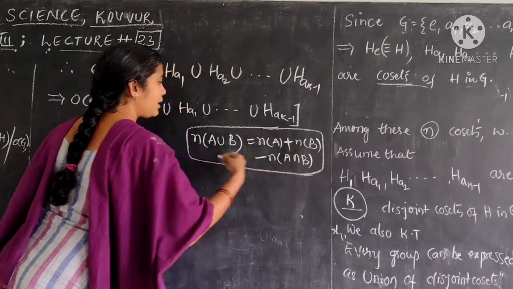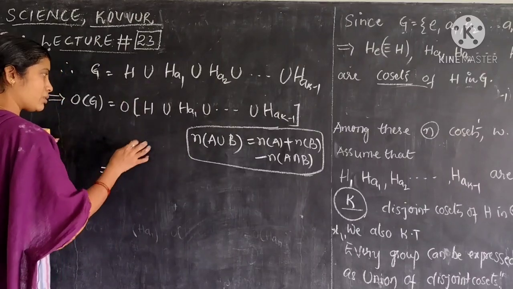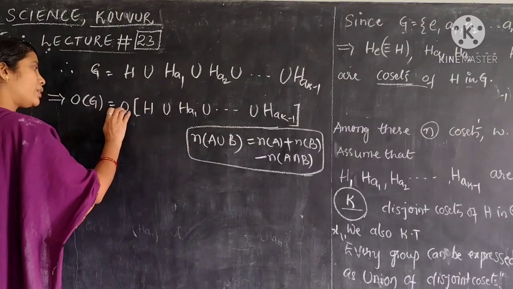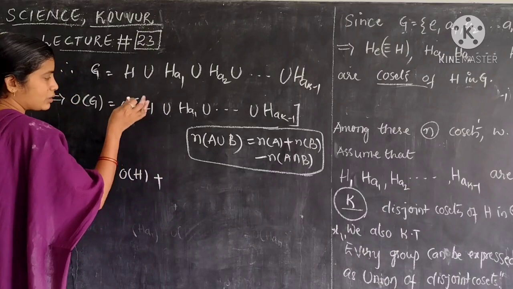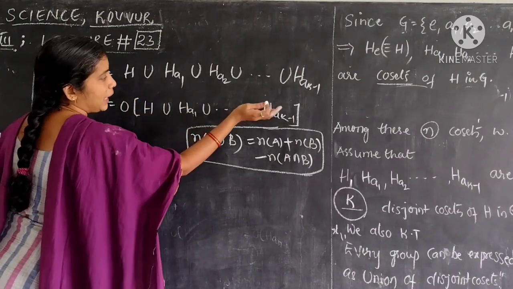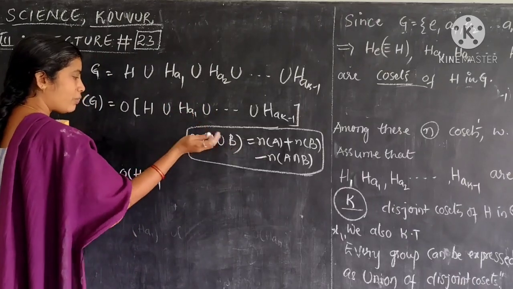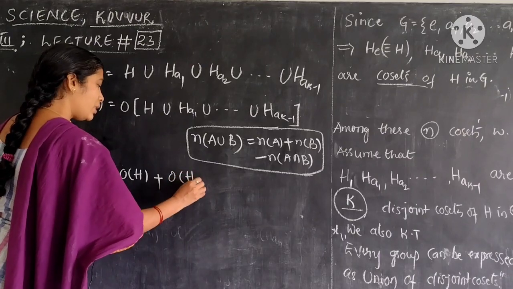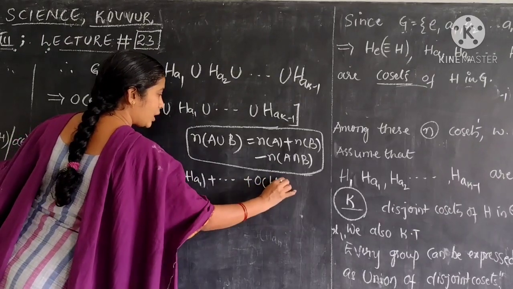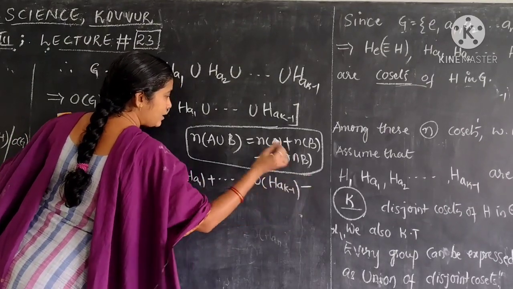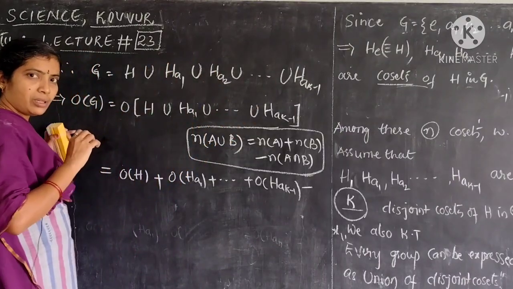From this we can write the right hand side value. Number of elements and order are the same. So we can write the order of H plus, because here is a union of k sets, here only 2 sets are there. By using this formula we can write it as order of H plus order of Ha1 plus and so on, order of Ha(k minus 1) minus the order of their intersection, isn't it?